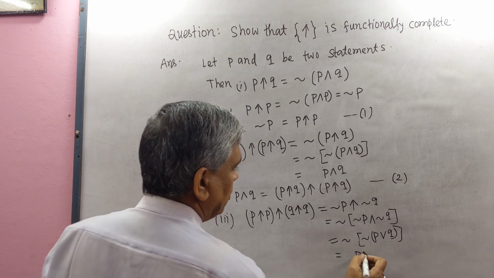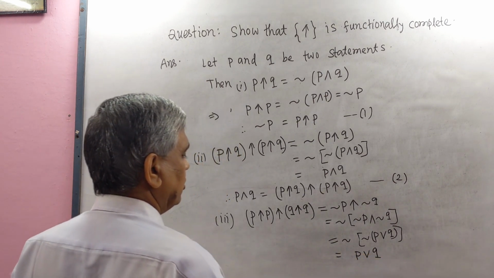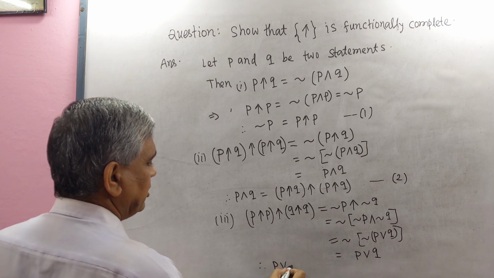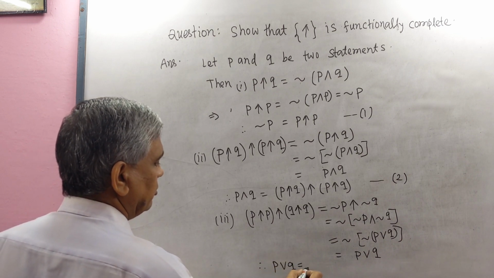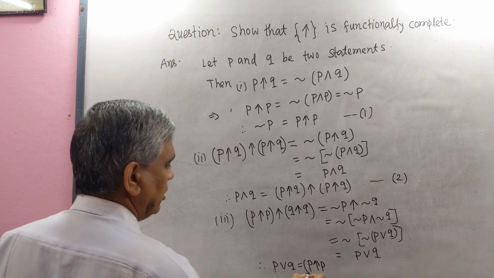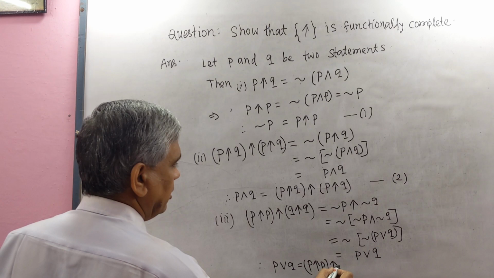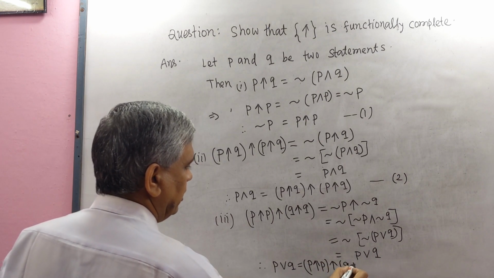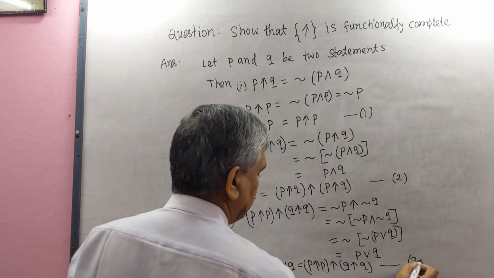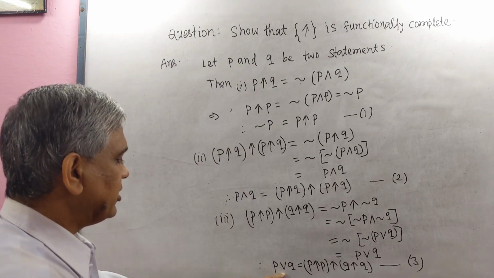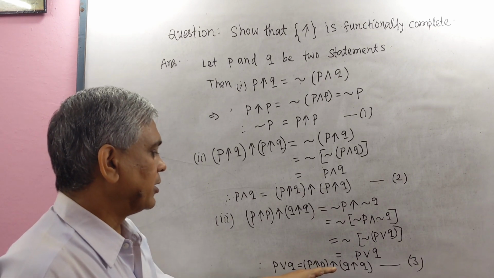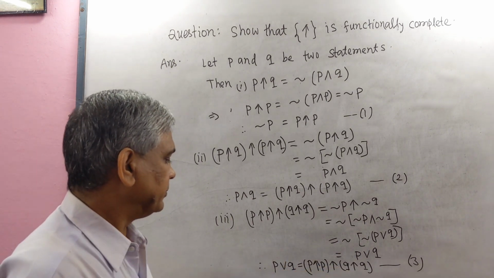So this is P disjunction Q. Therefore P disjunction Q equals P NAND P, NAND Q NAND Q. This is number 3. So disjunction may be expressed in terms of the connective NAND only.